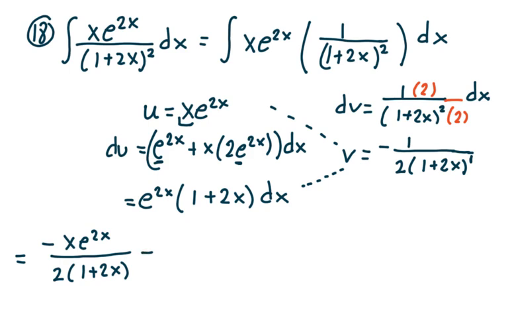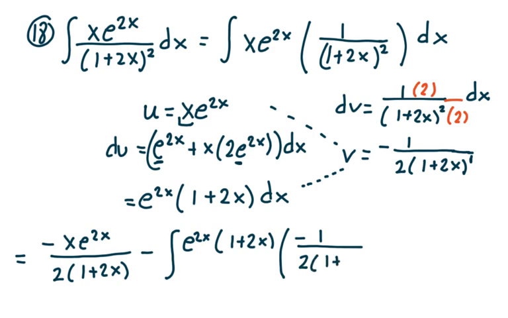So minus the integral of, now I'm going to get e to the 2x times 1 plus 2x times negative 1 over 2 times 1 plus 2x, okay, dx. So it's uv minus the integral of v du. Now, I'm going to cross off this 1 plus 2x factor in the numerator and in the denominator.